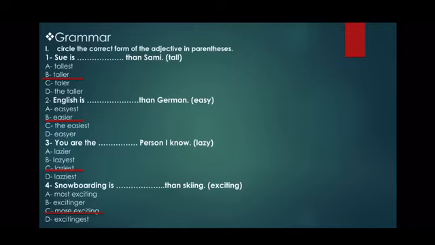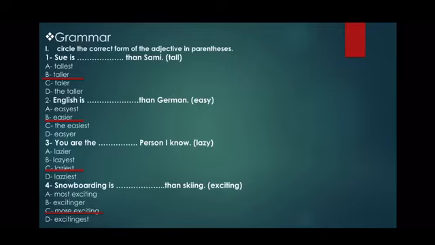You are the person I know. Here we are comparing between more than three things. You are the lazy person I know. So here we are talking about the superlative. And you have the word lazy. Lazy is actually two syllables. So I'm going to add EST.